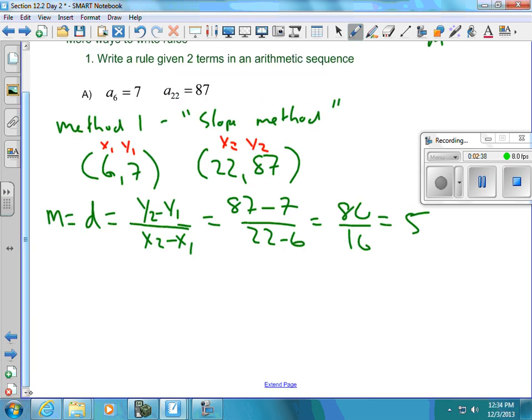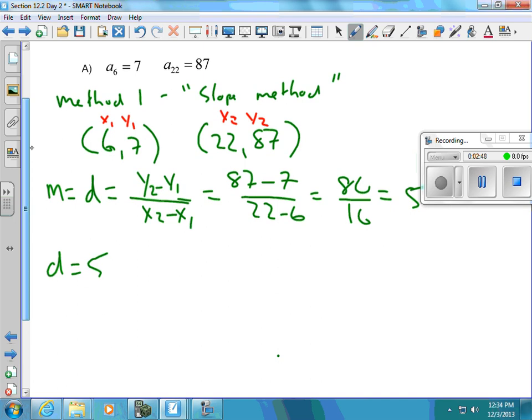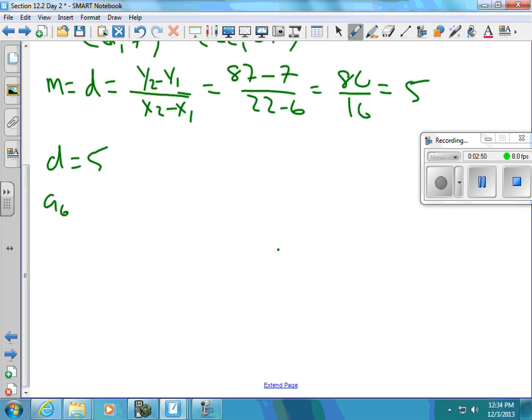So now we can go back to how we did it yesterday. Our d is 5, and we have at least one point that's on the line. I'll say a sub 6 equals 7. You could use the other one as well. It will work out the same. I just say, okay, a sub n equals a sub 1 plus d times n minus 1. My output is 7, that's my a sub n, and my n value is 6.